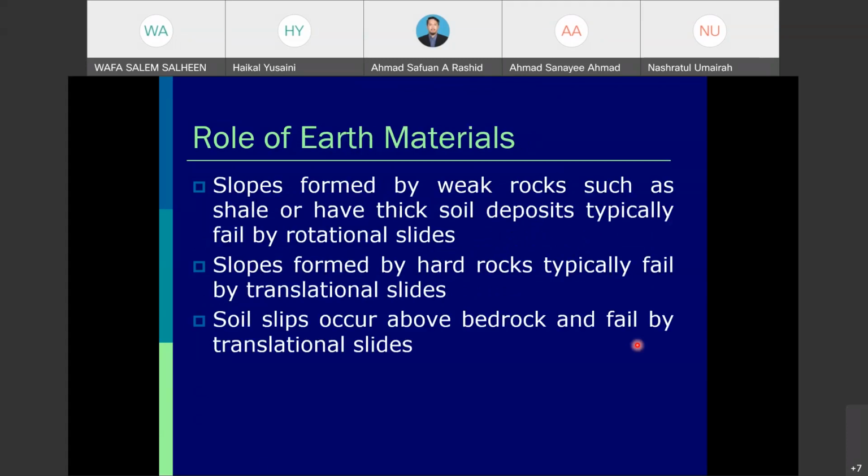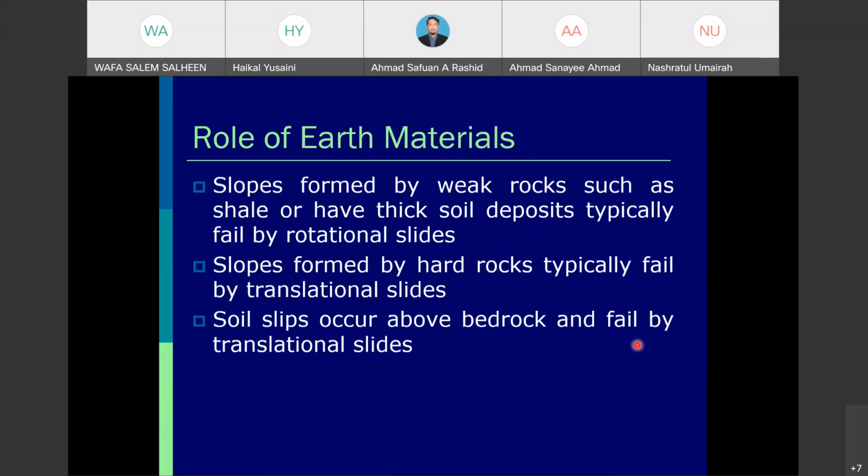For the role of earth material, slopes formed by weak rock such as shale, or having thick soil deposits, typically fail by rotational slide. Slopes formed by hard rock typically fail by translational slide.